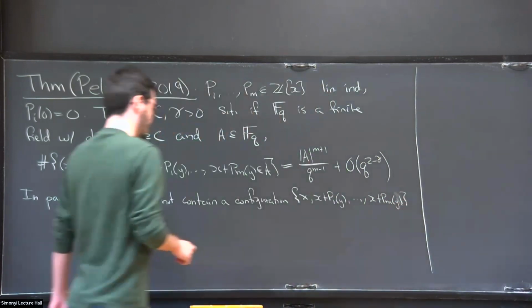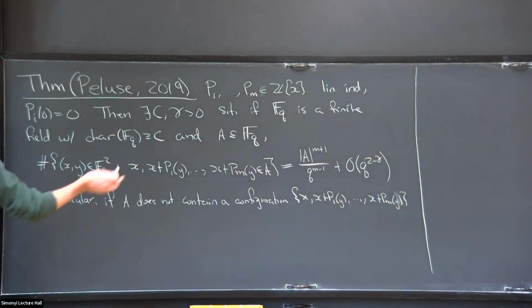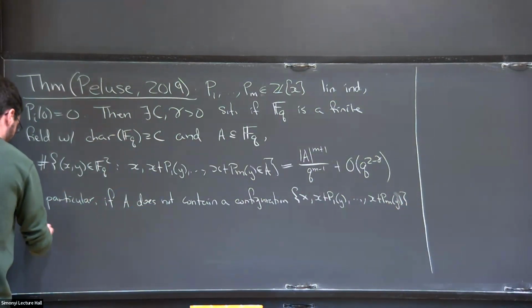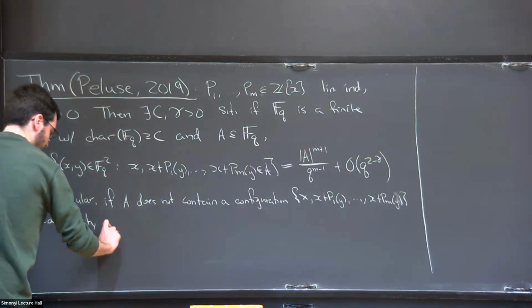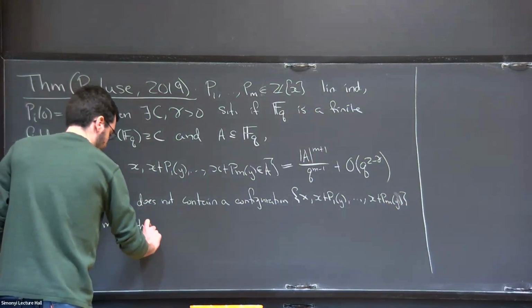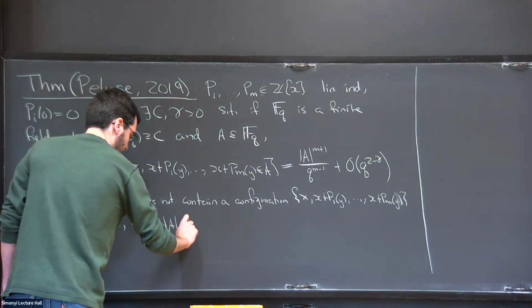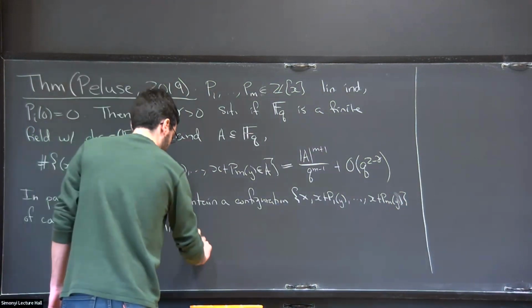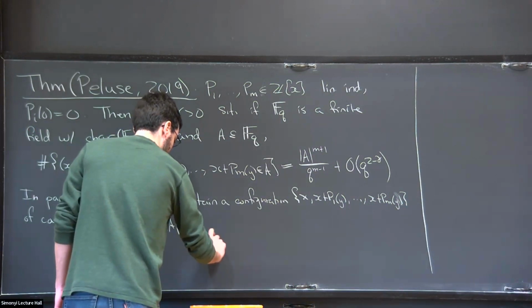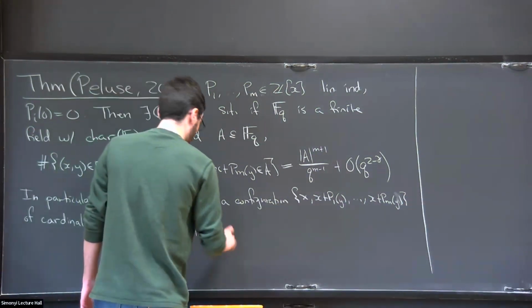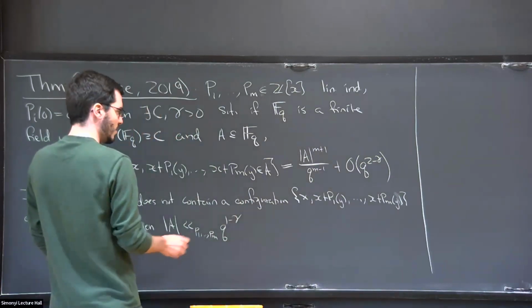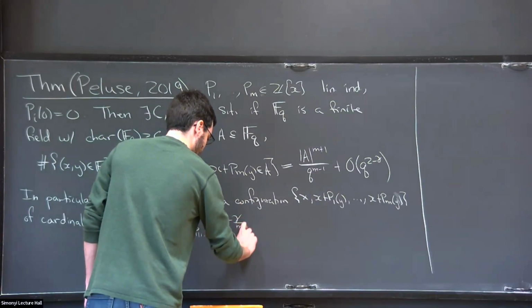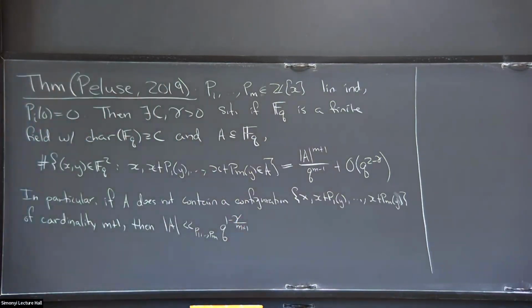So I'm going to assume the configuration is non-trivial, so I'll say if it doesn't contain a configuration of this kind, where all of those are distinct, the n plus 1, then A, with some constant depending on the polynomials, is of size at most q to the 1 minus gamma, I think that's right.